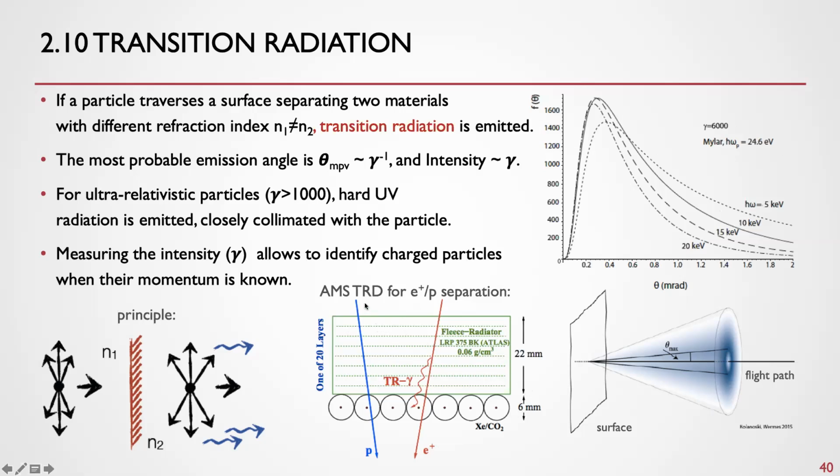Now we have protons going through the detector, and we have electrons going through the detector. This is the situation in the space-based AMS experiment. On the International Space Station, you don't have a lot of current.